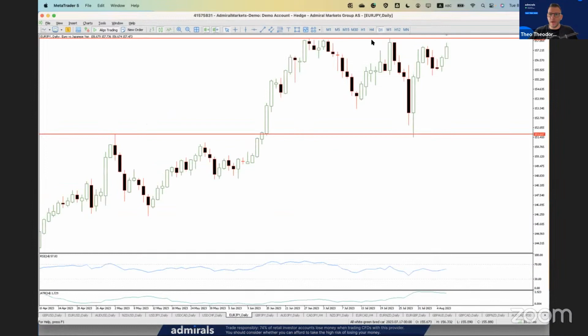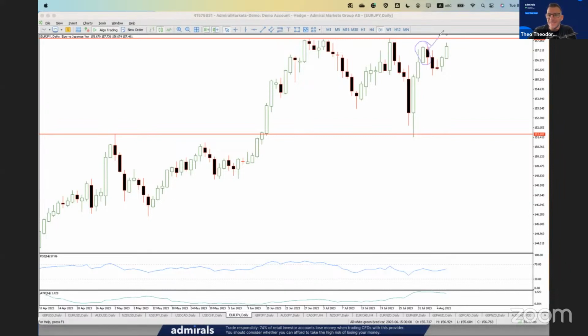Next one, Euro JPY. I'm expecting price to tap into this zone here at the top and either break to the upside or reject before I consider doing anything with the Euro JPY. Euro was super weak yesterday. I was checking the charts pretty much all day. And remember, guys, from this point here, I make it very clear that the market is misleading traders on many occasions.